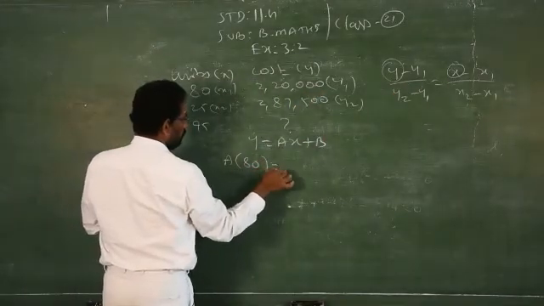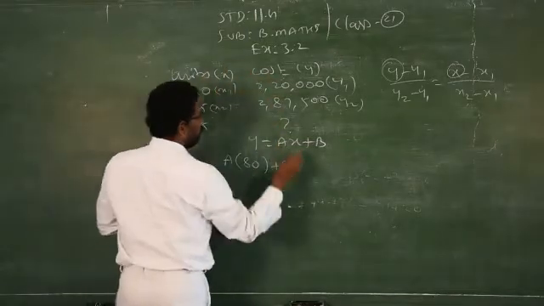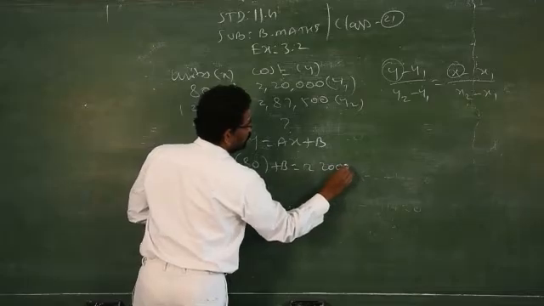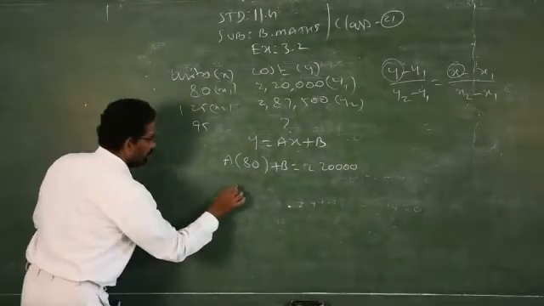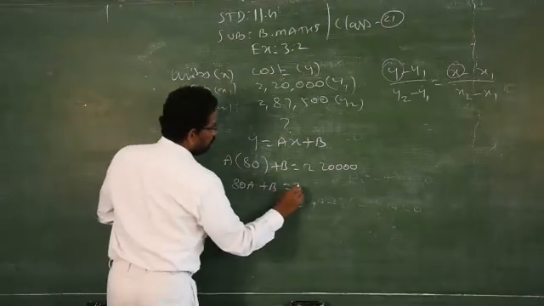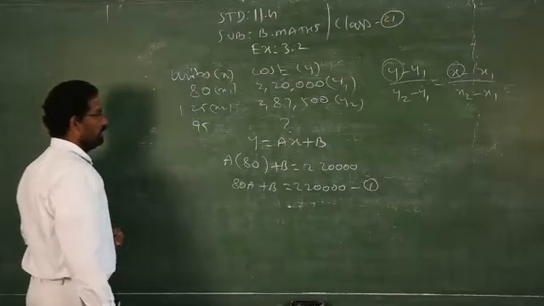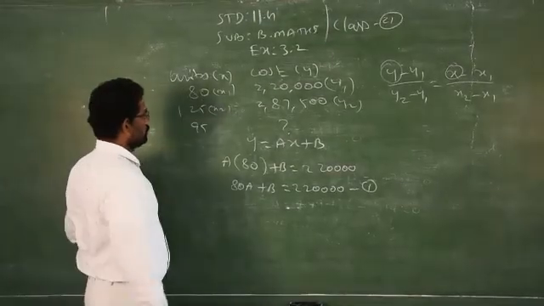So 80A plus B is equal to Y, which is 2,20,000. Equation number 1.